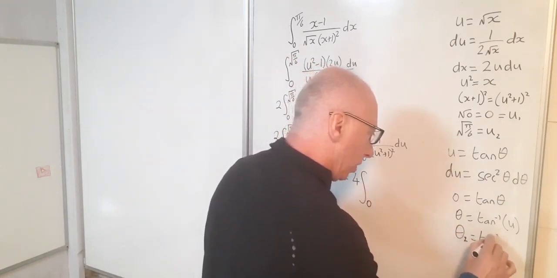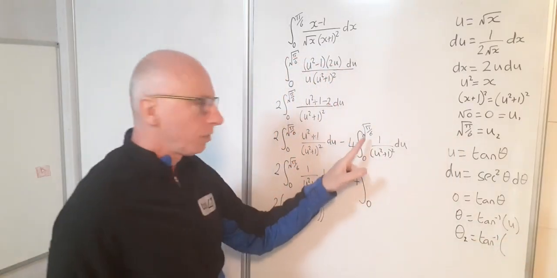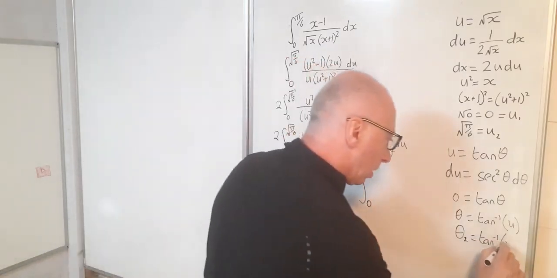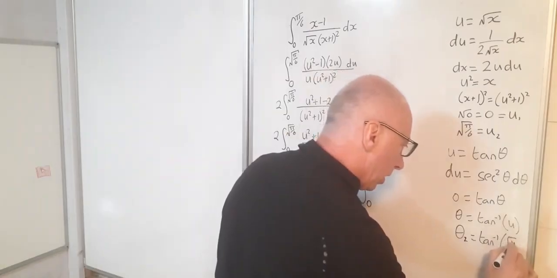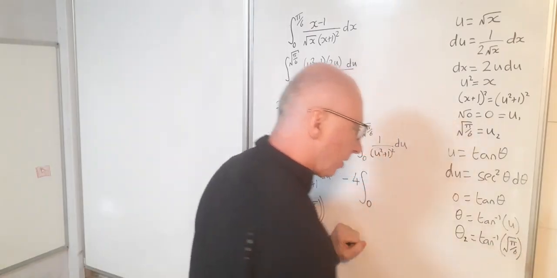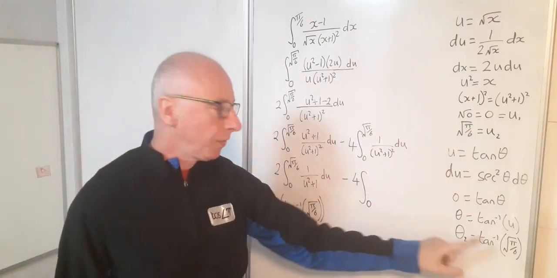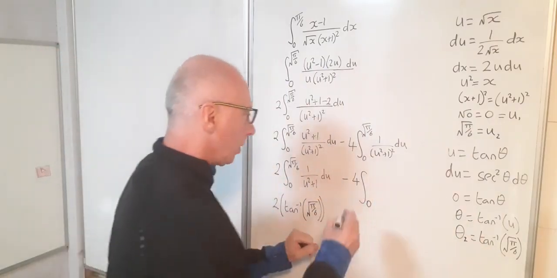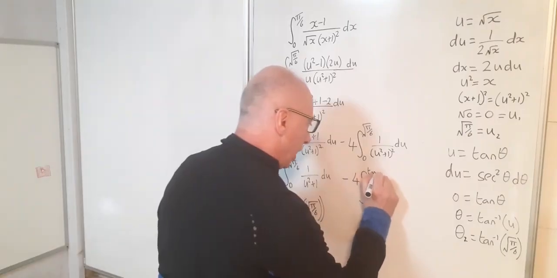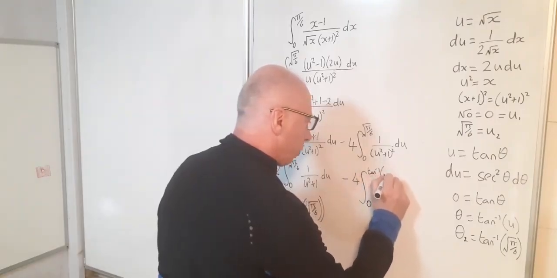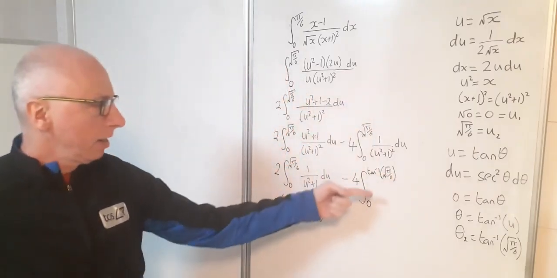That's going to be the inverse tangent of square root of pi over 6. So that's going to take care of that. So that's going to be what I'm going to have to put here. So it seems a bit weird putting a function in the upper bound, but that's what we got. So inverse tangent of square root pi over 6. Okay, so that's all good.